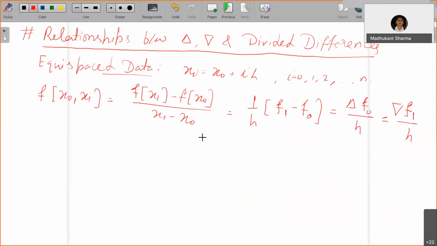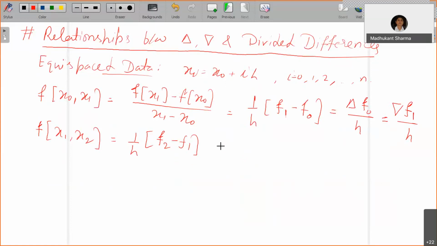Similarly, f of x1 comma x2 is 1 by h times f2 minus f1, that is f of x2 minus f of x1 divided by x2 minus x1. They are only h distance apart, right?